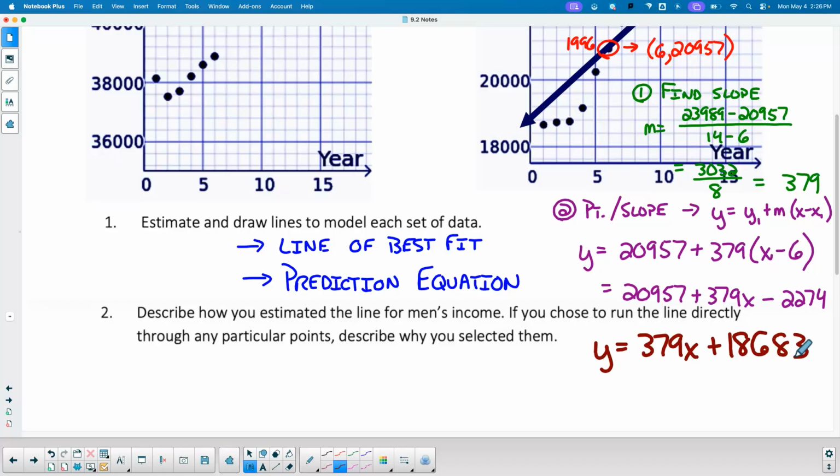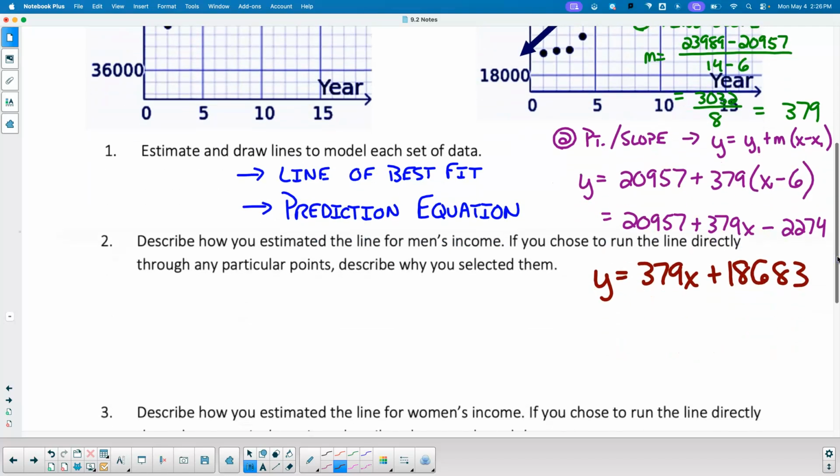Okay, so this prediction equation, this is important. This prediction equation is for years since 1990.